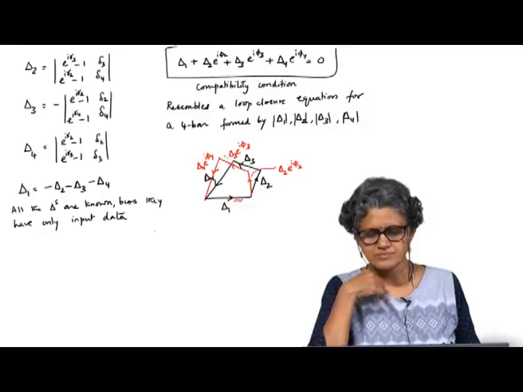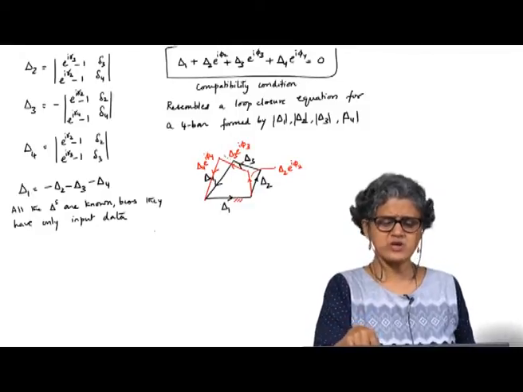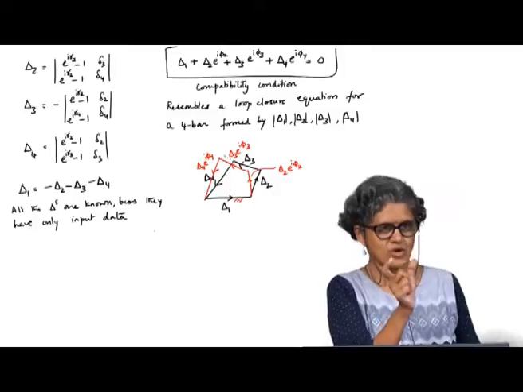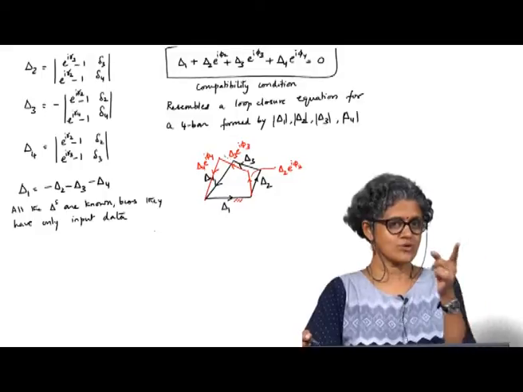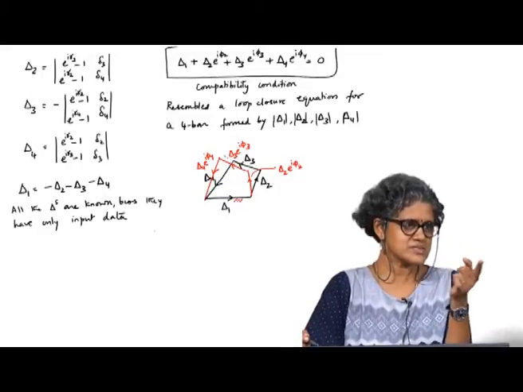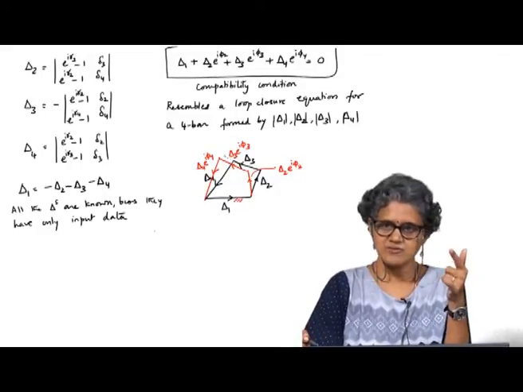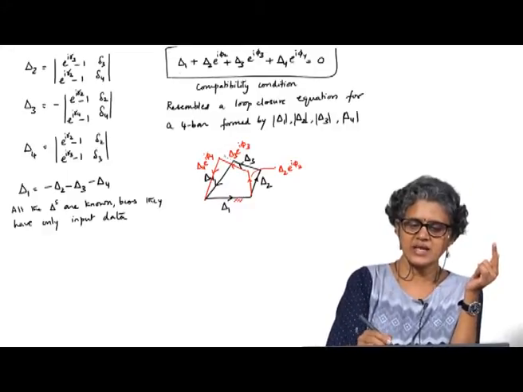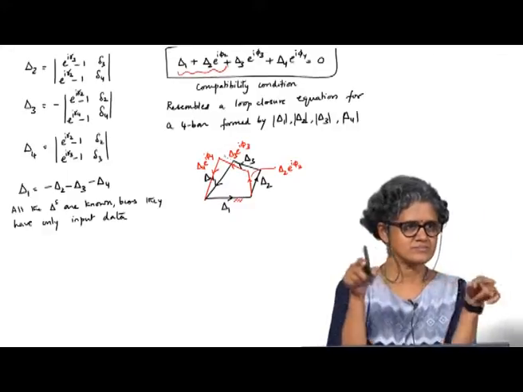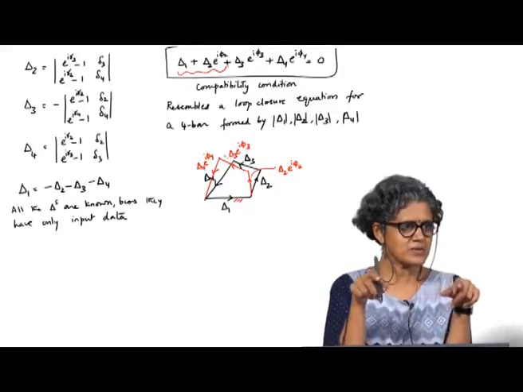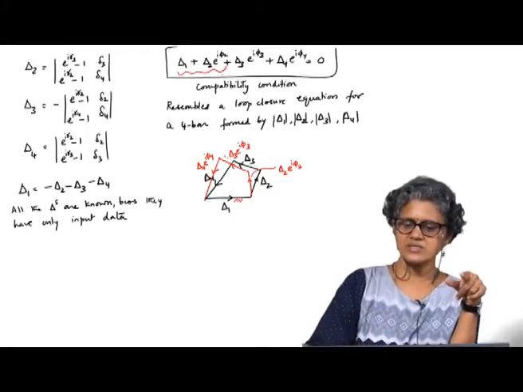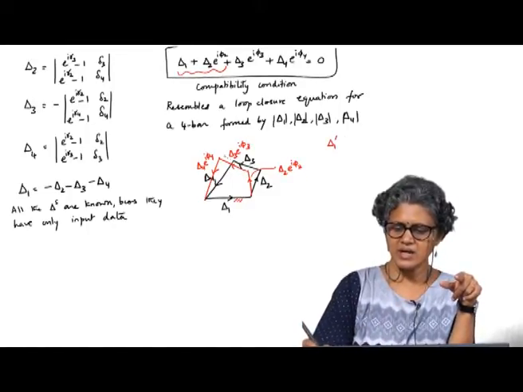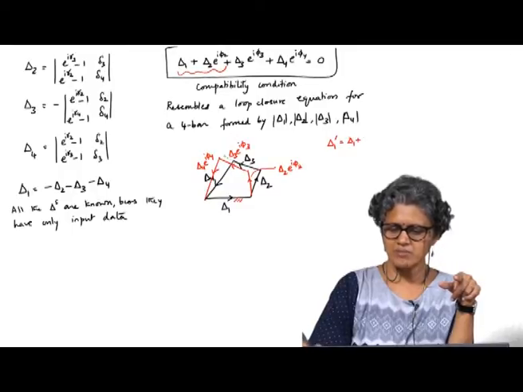Because that is the reason you are going to use this code again and again. You can also look at this as, because phi 2 is your input, your free choice, I can also use the same code that I wrote for my other one, that D1 plus D2 plus D3 for the fixed pivot, because this vector I can take and call repeatedly. I can check compatibility by doing that, because this then becomes a known quantity, right. So, I can look at this as delta 1 dash equal to delta 1 plus delta 2 e power i phi 2.